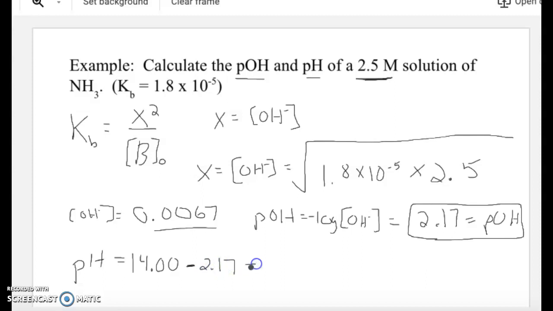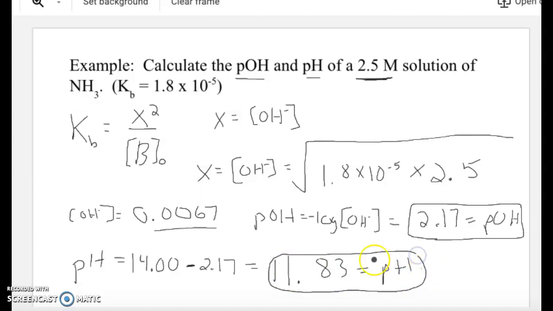So we just subtract from 14 and we get 11.83 for our pH. Okay, and there we go. So that's the end of 8.3.